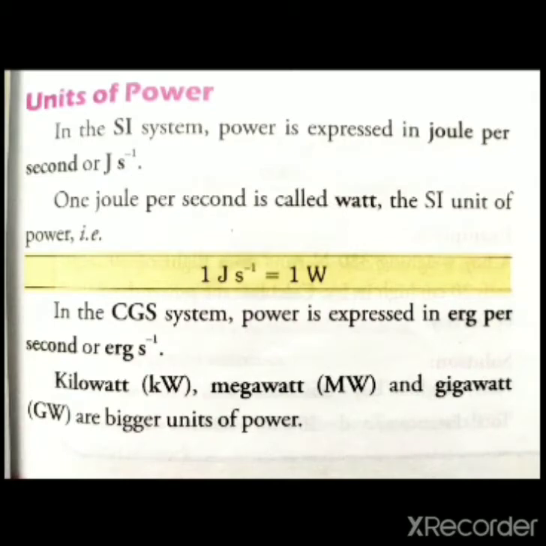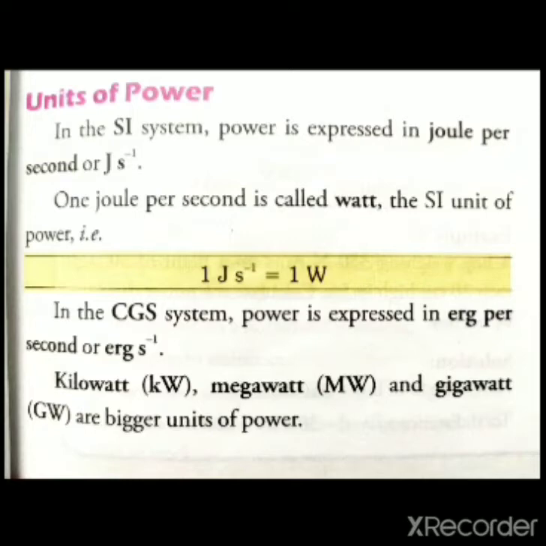Units of power. In the SI system, power is expressed in joule per second. 1 joule per second is called watt. The SI unit of power, that is 1 joule per second, is equal to 1 watt. In the CGS system, power is expressed in erg per second.